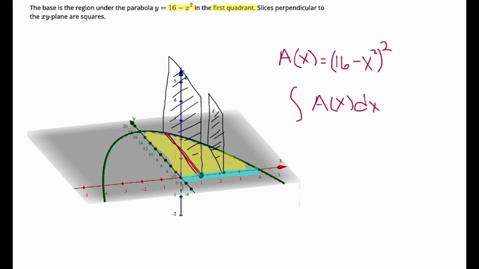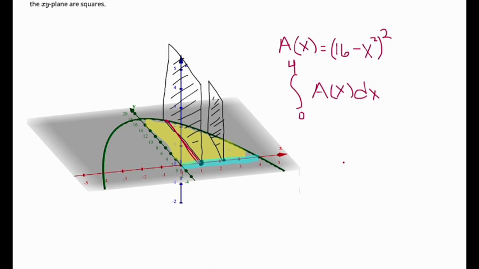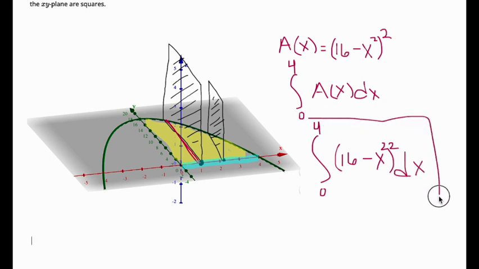So when I write my upper and lower limits, I'm going to write it as 0 to 4. So what we need to integrate to find this volume then is the integral from 0 to 4 of 16 minus x squared, squared, dx. So this is going to give us the volume of the solid that we discussed.